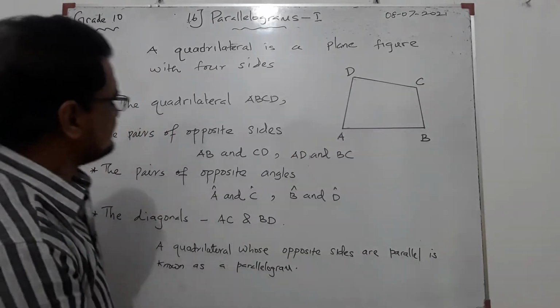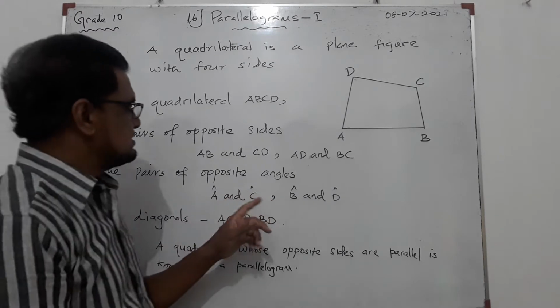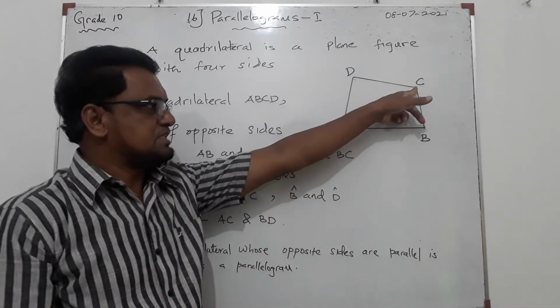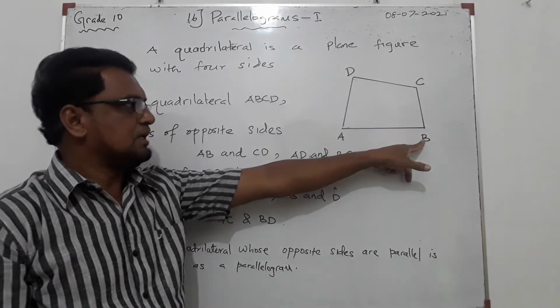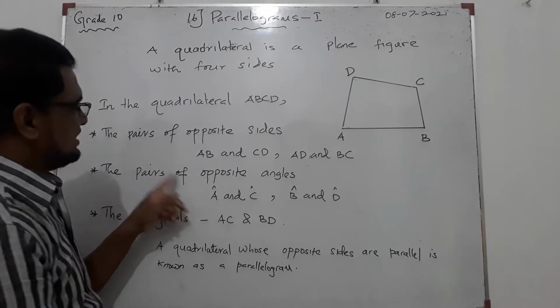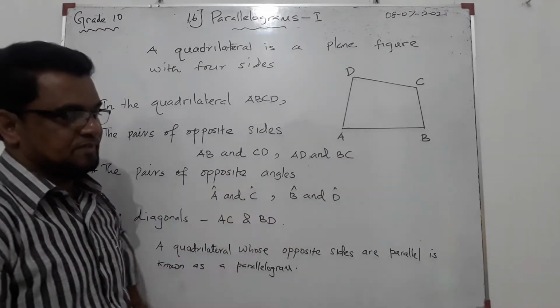The second property, the pairs of opposite angles: angle A is opposite to angle C, similarly angle B is opposite to angle D. The pairs of opposite angles are A and C, then B and D. You have to know this.